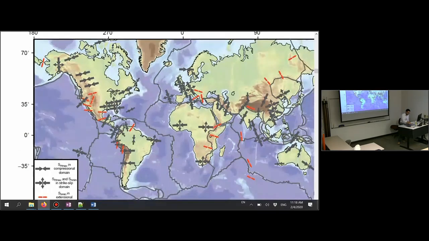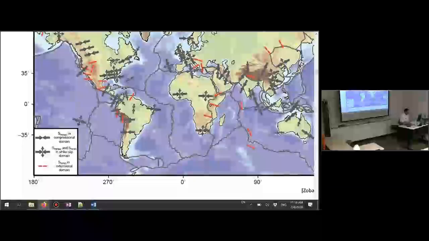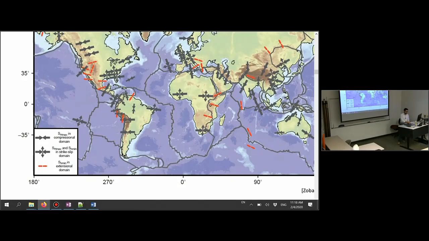Let me zoom in a little bit more. In which direction would you expect your maximum horizontal stress to be? If you had these convergent plates over here, it's the Nazca plate and the South American plate. They are both converging.